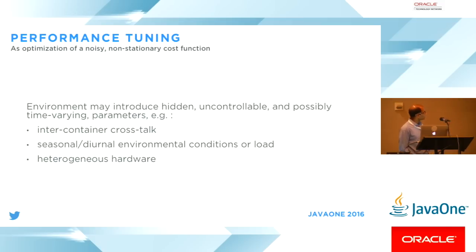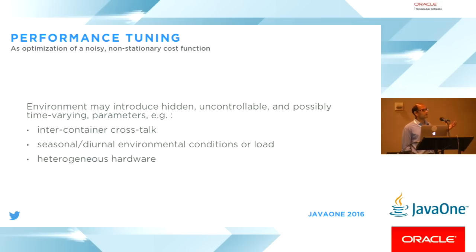There might be seasonal or diurnal variations in the environment. The load might vary throughout the day, and a performance setting that is optimal at one load level may not be optimal at another load level. And finally, in a virtualized data center, usually you don't have control over the hardware where you're going to be running, and depending on the hardware, the optimal setting of parameters might vary.